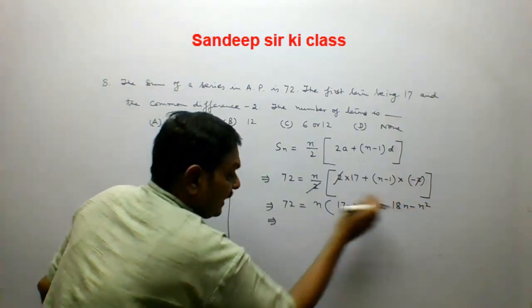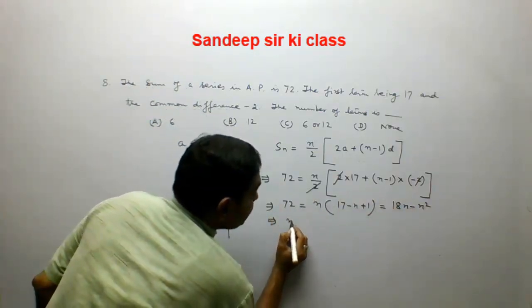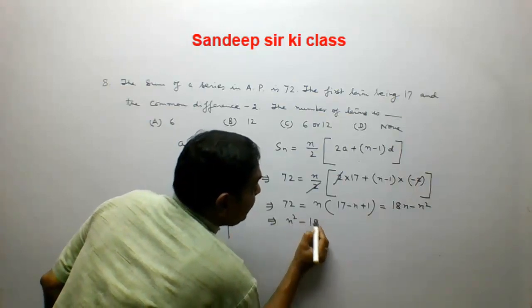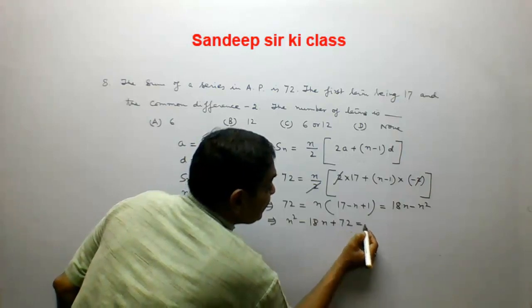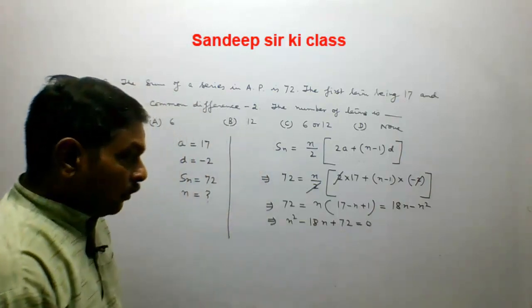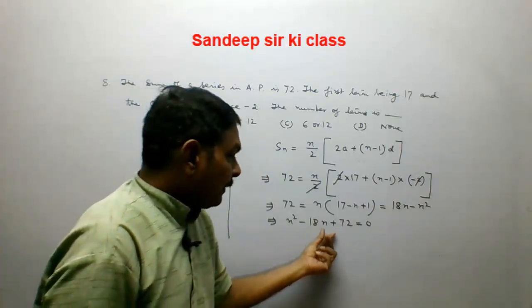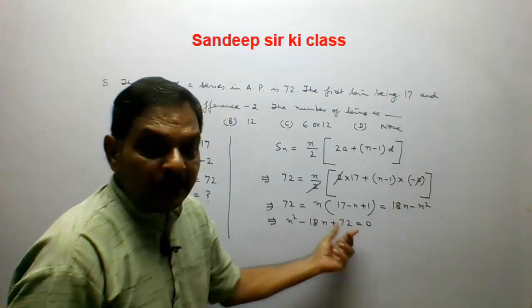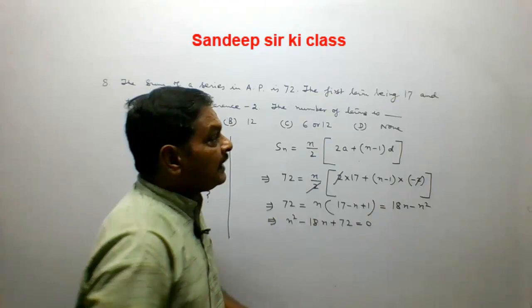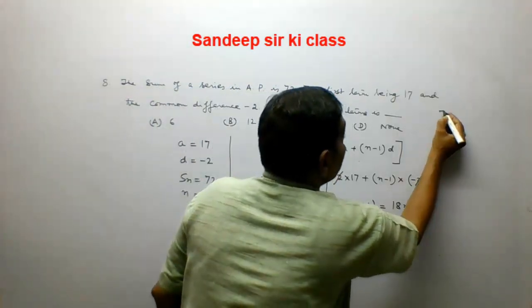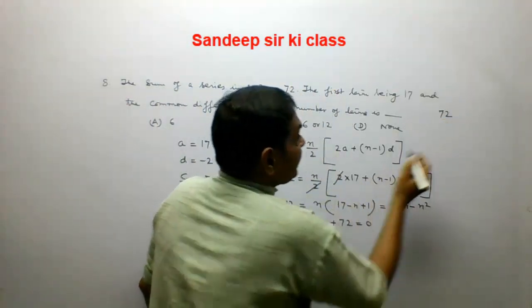This implies n square shifts here, so it is n square minus 18n plus 72 is equal to 0. Now we have to factorize n square minus 18n plus 72. We want two numbers such that their multiplication is 72 and their sum is 18.